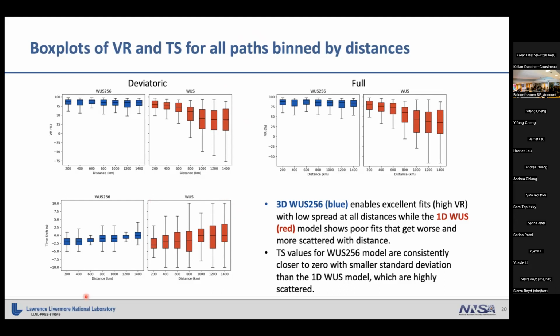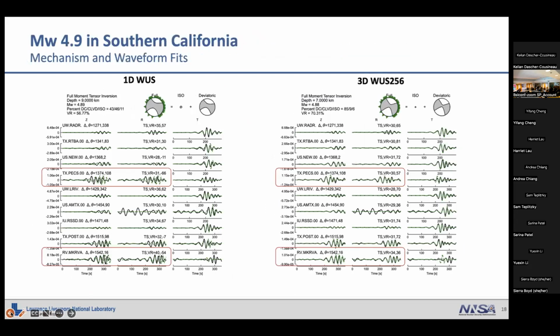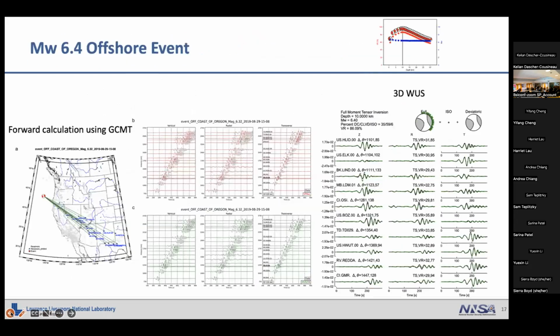That's a helpful discussion. So this might not be the best example, but for example, here, I don't have the 1D case, but basically these later phases, we just couldn't fit them with 1D. Oh, of course. Yeah. And that really impacts the variance reduction, and that all gets mapped into the source.